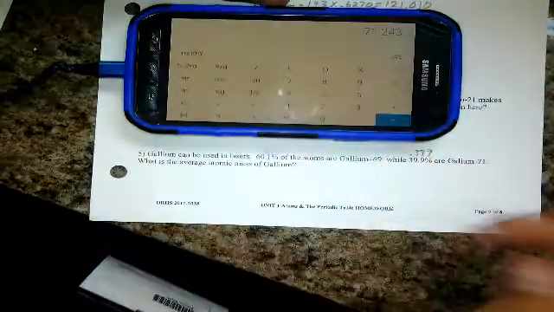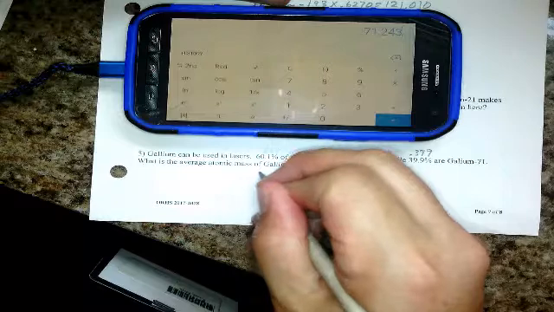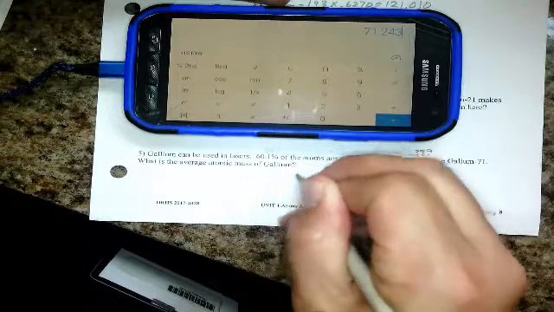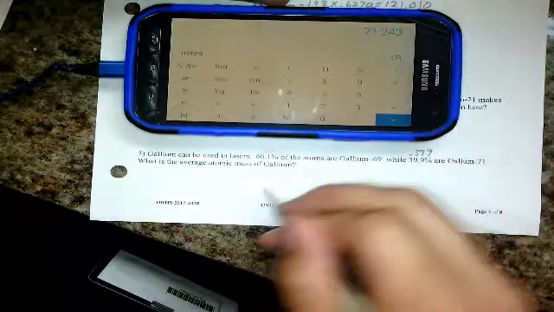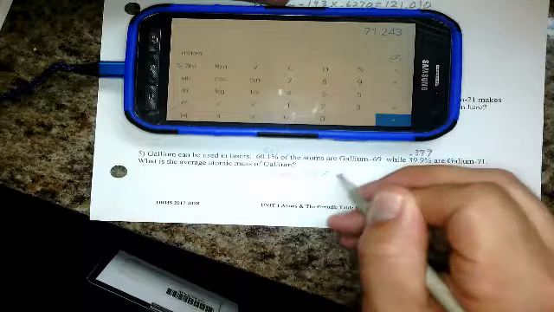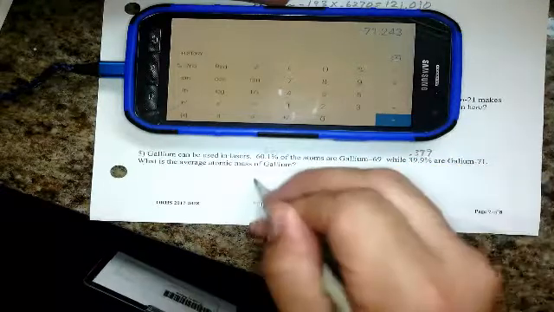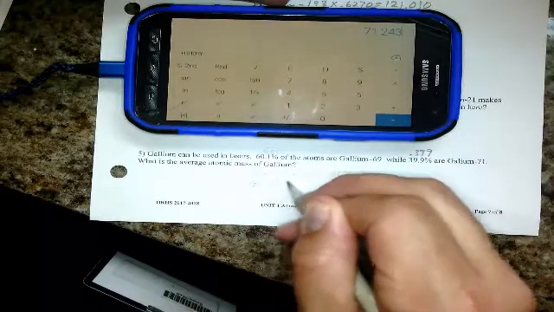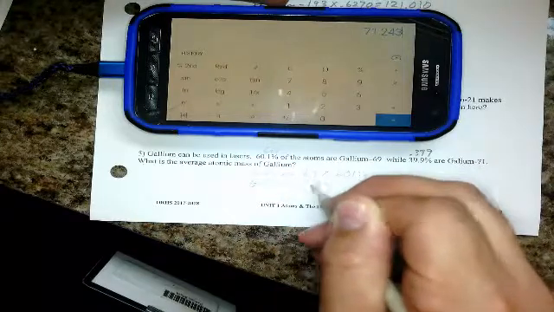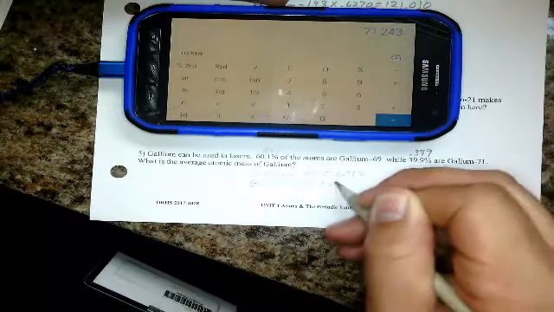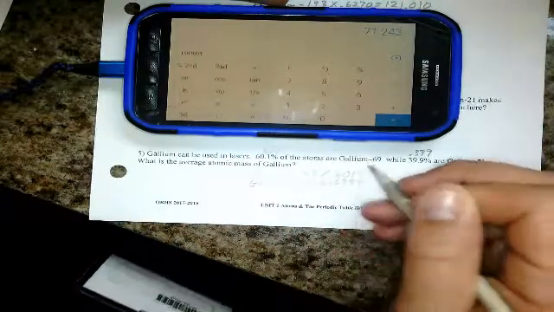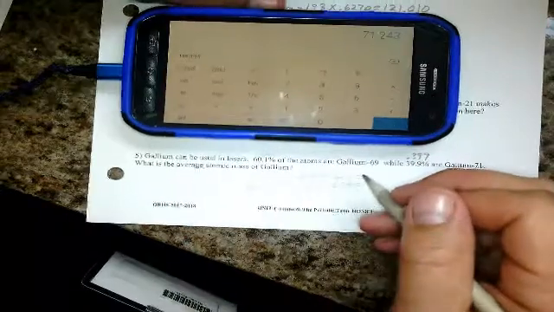That's all I have. Set up my problem just like I did. Gallium 69 times 0.601. Gallium 71 times 0.399. Let me get into my handy-dandy calculator.